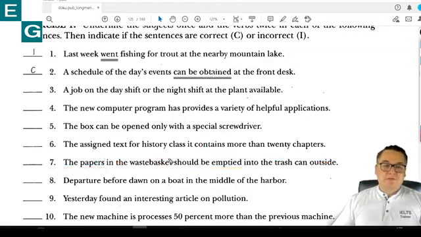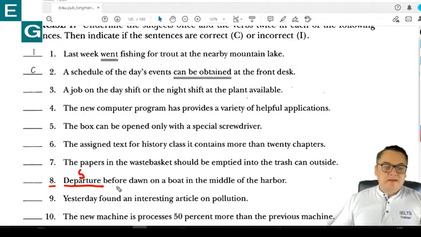Departure before dawn on a boat in the middle of the harbor. Departure could be my subject, understanding that if I have an uncountable subject, I wouldn't need an article. I can just say departure, not necessarily that departure, a departure, some departure.